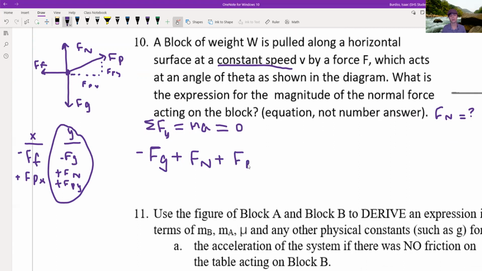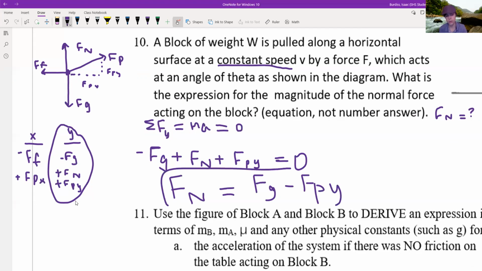Why 0? Remember, because of constant speed. And so you rearrange this in terms of Fn. You would add the Fg, so it's positive, but then you subtract the FPY, so it's negative. So this is what our answer is.